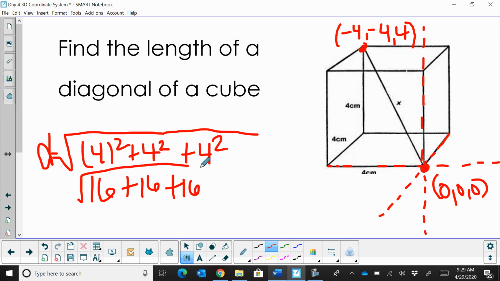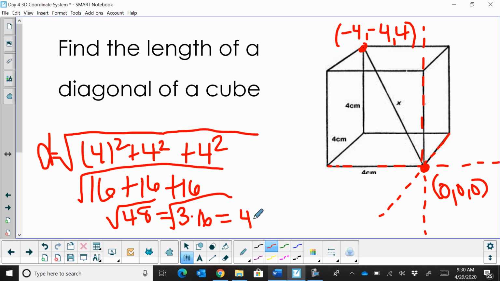So what's the square root of 48? Well, that's just 3 times 16. So that's just going to be 4 square roots of 3. There we go. And that would be the distance of the diagonal.